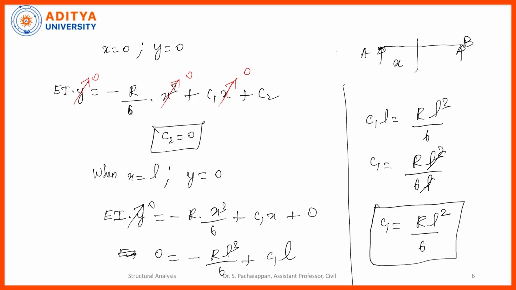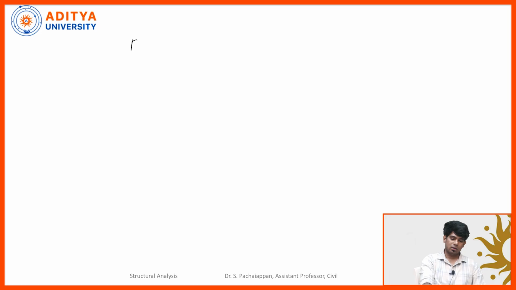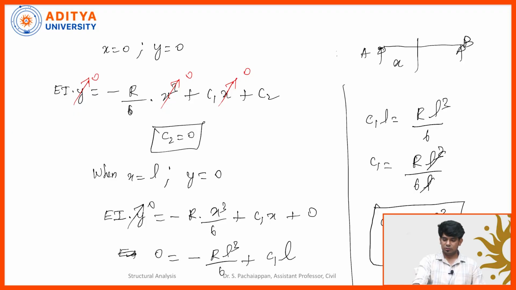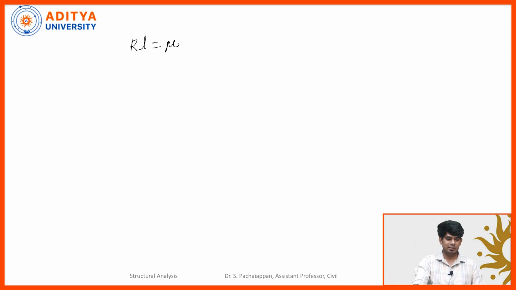So we need to write this also. RL is nothing but mu. So let's replace it. We know already R multiplied by L is nothing but mu. So here RL square by 6 is there. So I write C1 once again, which is RL square by 6. We put RL is equal to mu.